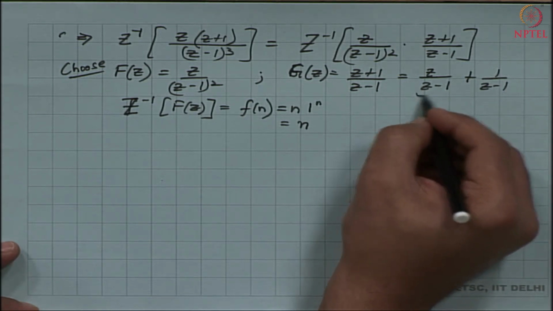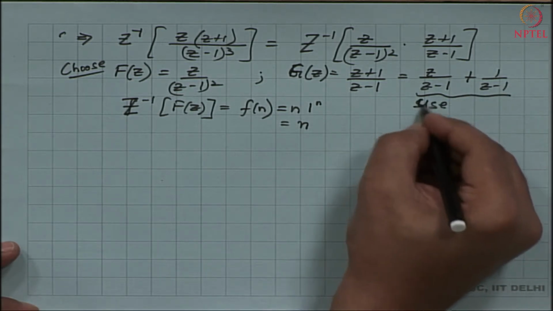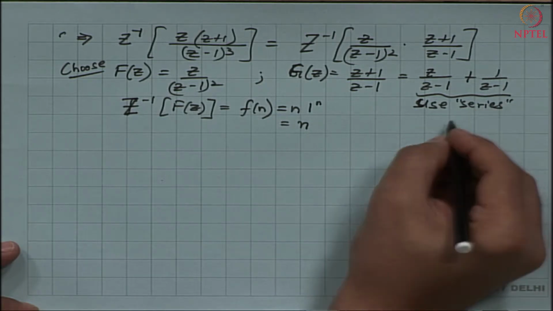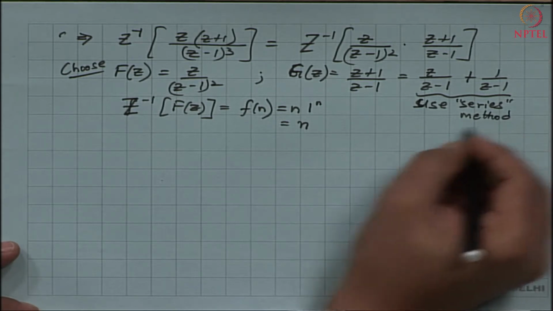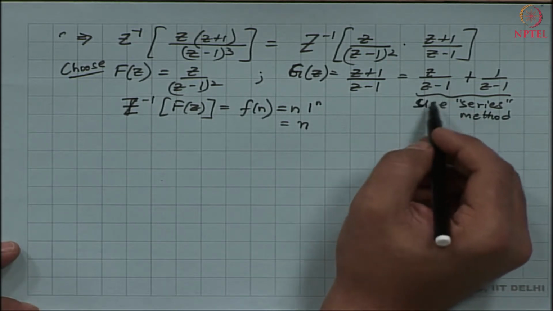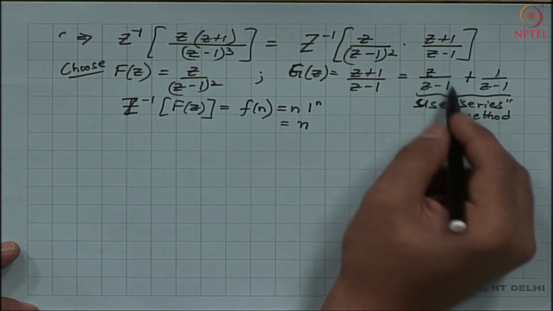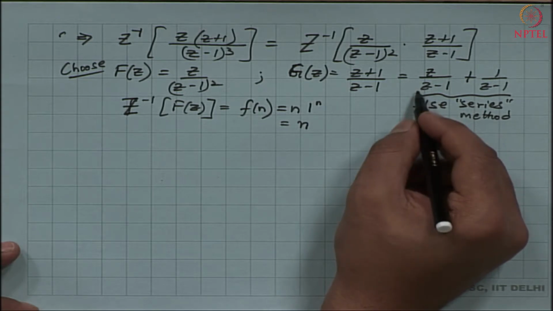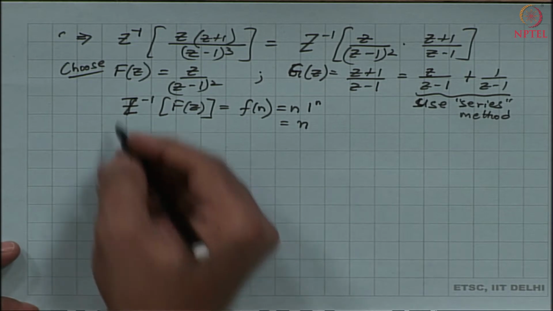If I were to use the series method described earlier, all I need to do is expand each of these fractions appropriately in an infinite sum and find the coefficient of z to the power negative n.